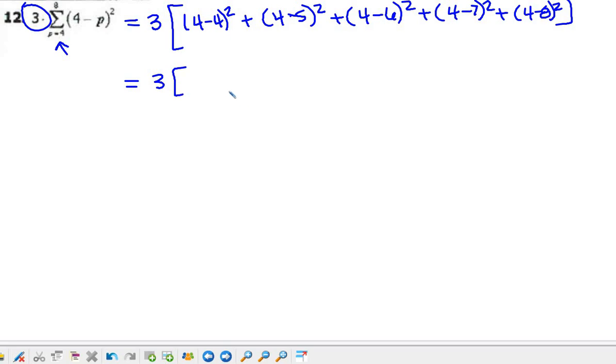So I have 3 times 0 squared plus negative 1 squared plus negative 2 squared plus negative 3 squared plus negative 4 squared.